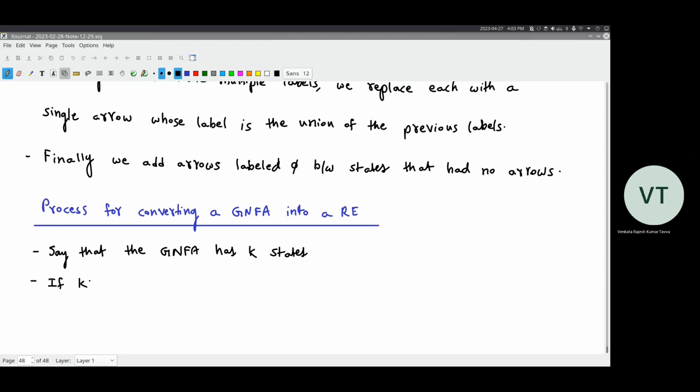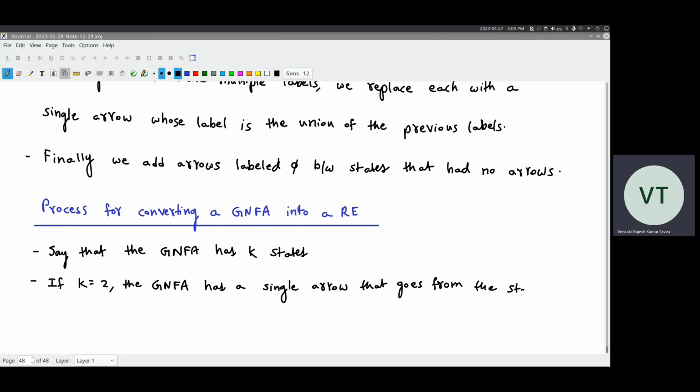If k is 2, the GNFA has a single arrow that goes from the start state to the accept state.